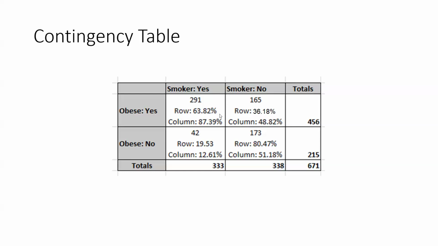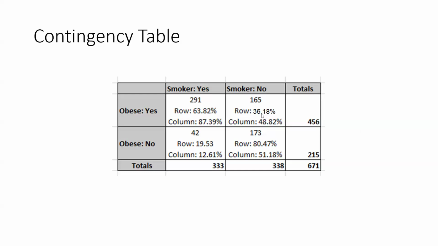Well, you take 291, which is the obese smokers, because obese, yes, smokers, yes, and you divide that by this row total, which is the total number of obese individuals within the observational series. So 291 divided by 456 gives you 63.82%.